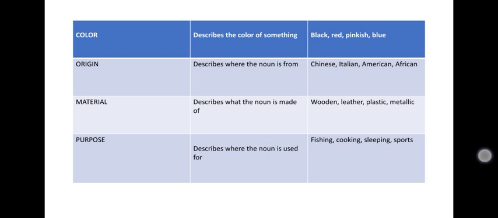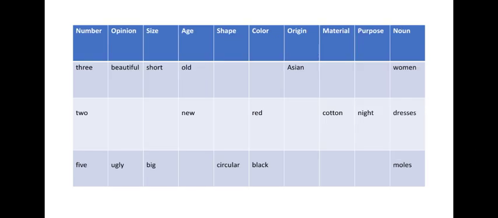Now, let us look at some more examples from this given table. In the blue colored row, you can see NOSASCOMP, right? Just below that, we have 3 in the row for number.